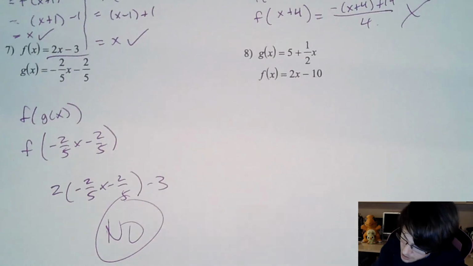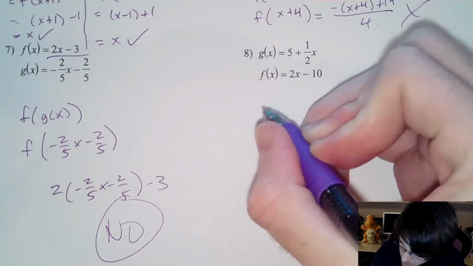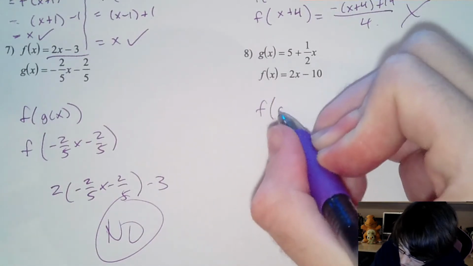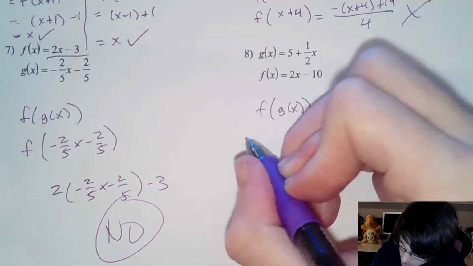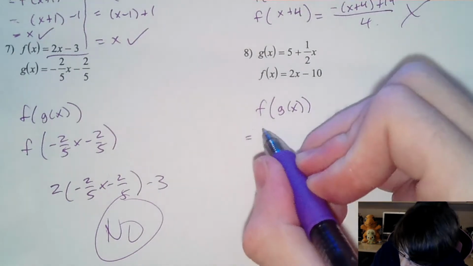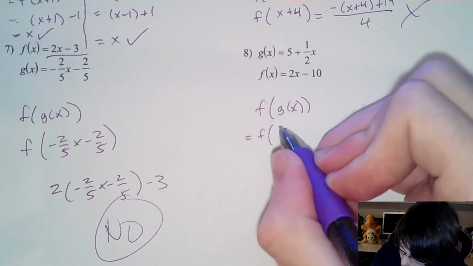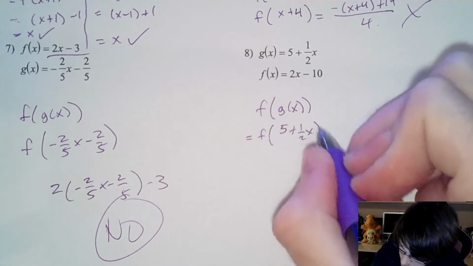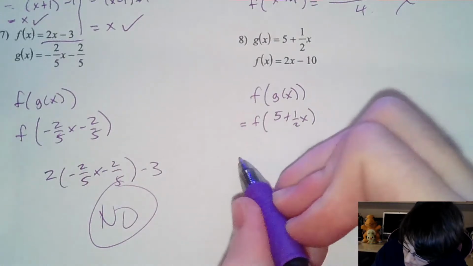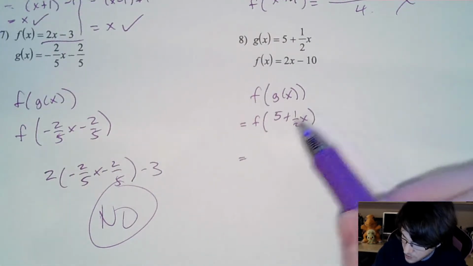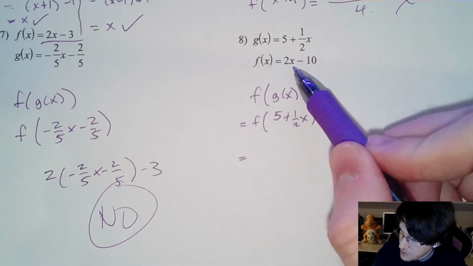Let's check out number 8. We're going to do the same exact thing, f of g of x first. f of g of x means that we're doing f of 5 plus 1 half x. 5 plus 1 half x is going to be slotted into where this x is.